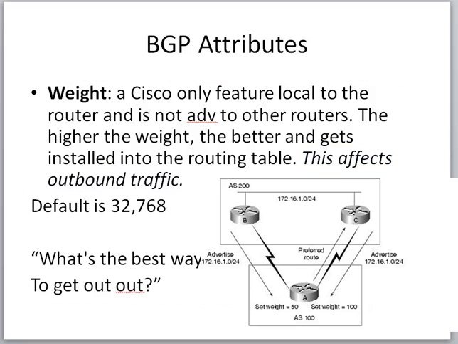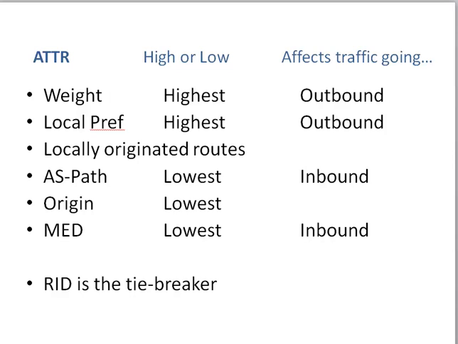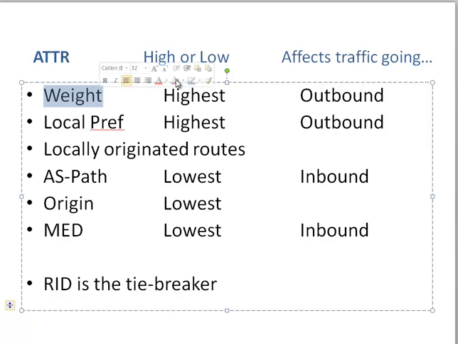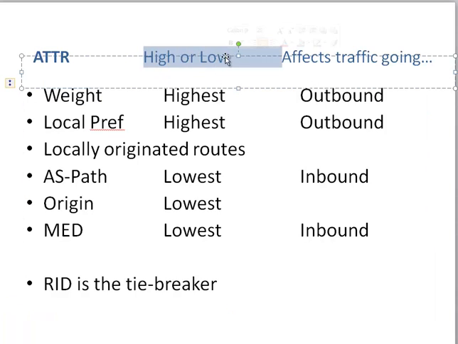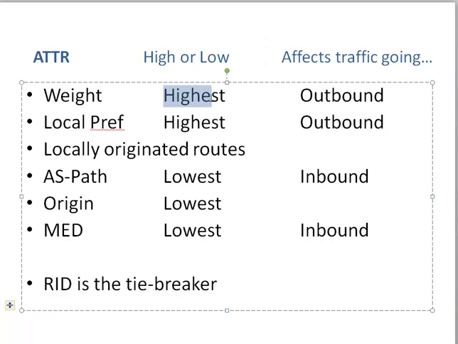And just to give you a sneak peek, that's where I have this chart here, and this is pretty helpful to know. If I adjust the weight high or low, or what's the tiebreaker, what's the best one, the highest weight is going to win. And ultimately, this is going to affect traffic going outbound, because even though it looks like it's coming in and being assigned a certain weight, in essence I'm really affecting the outbound traffic that my internal domain is going to be specifying.